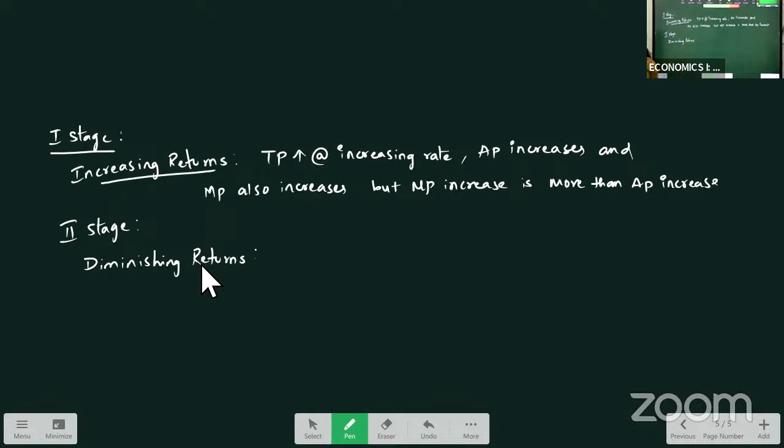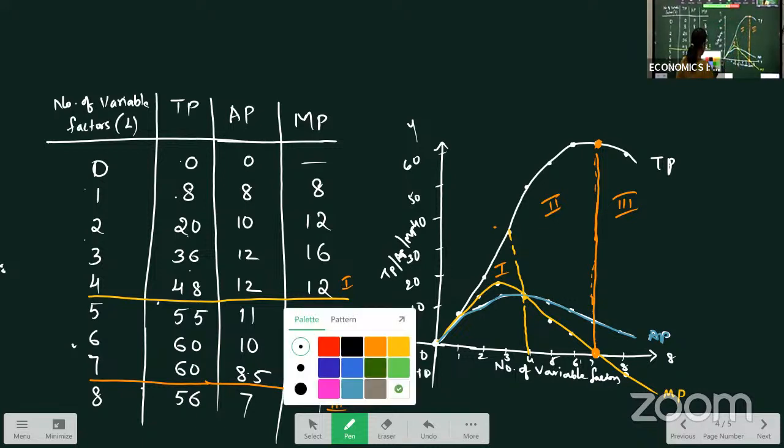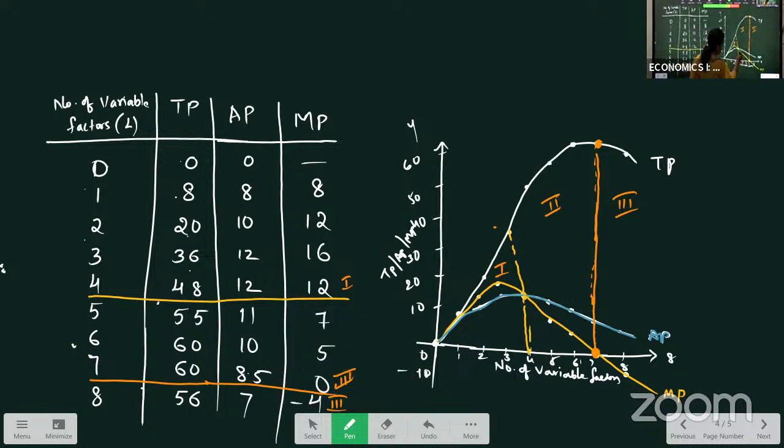Why do we call this stage diminishing returns? See, in the second stage, what is happening here? My TP is increasing, but at a slow rate. This is the end of your first stage.